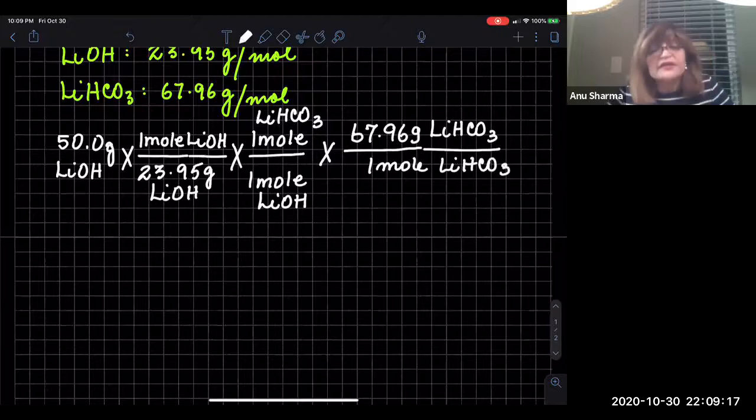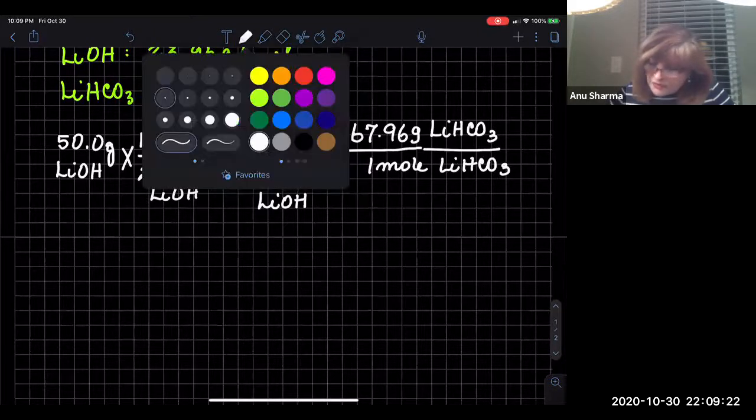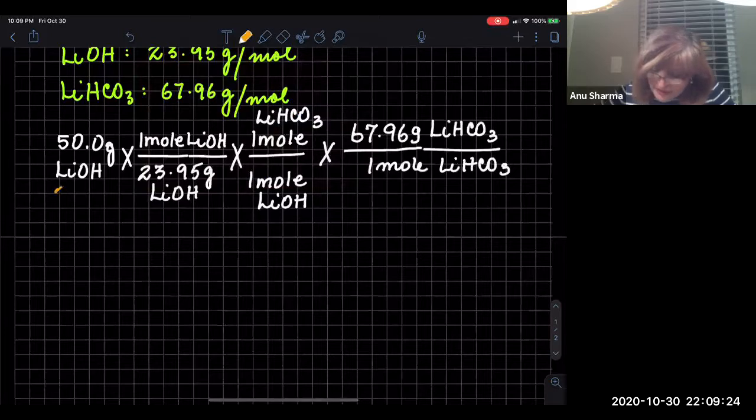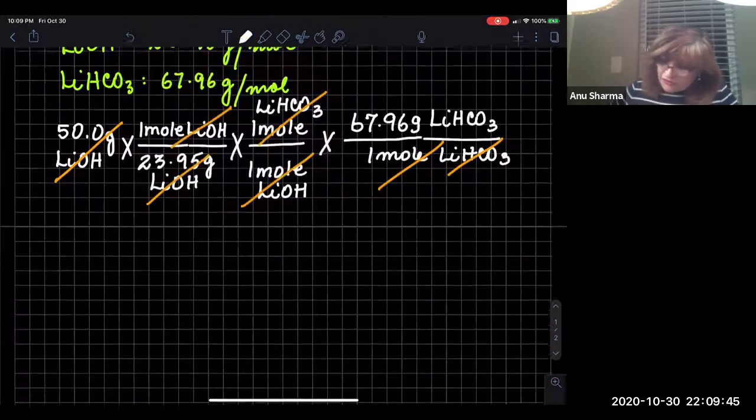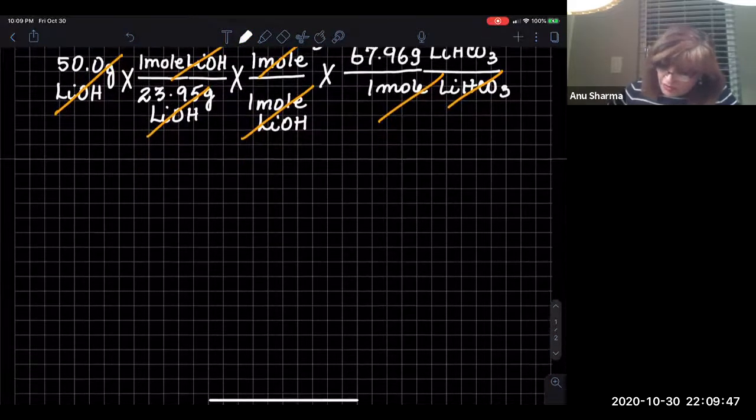Next we see that the grams of lithium hydroxide cancel out. Moles of lithium hydroxide cancel out. Moles of lithium bicarbonate cancel out, and you are only left with the grams of lithium bicarbonate.